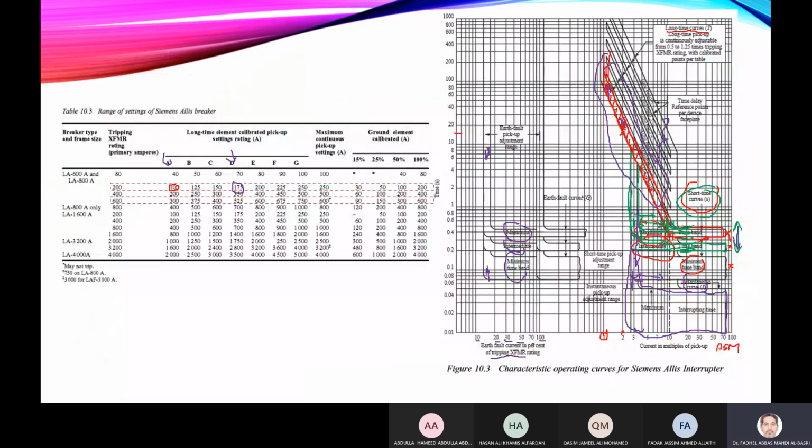With regards to this, it looks complicated, but basically the curve is something like this one. The curve is for these types of relays.